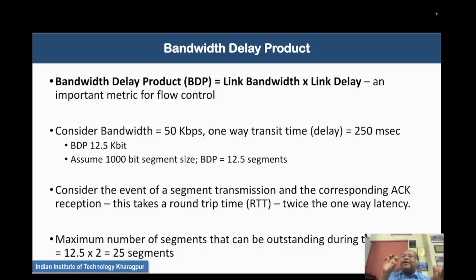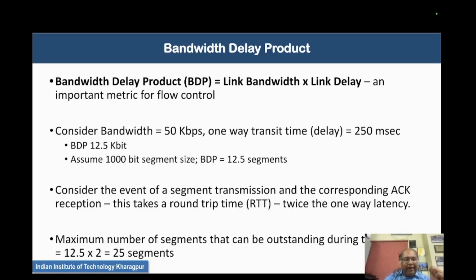That means how much data you are able to push on your link, just like how much water you are able to push on the pipe. Similarly, the link delay is equivalent to the length of the pipe. So for a network link, the metric BDP gives you the capacity of the link, or in other words, the amount of data that the link can carry.